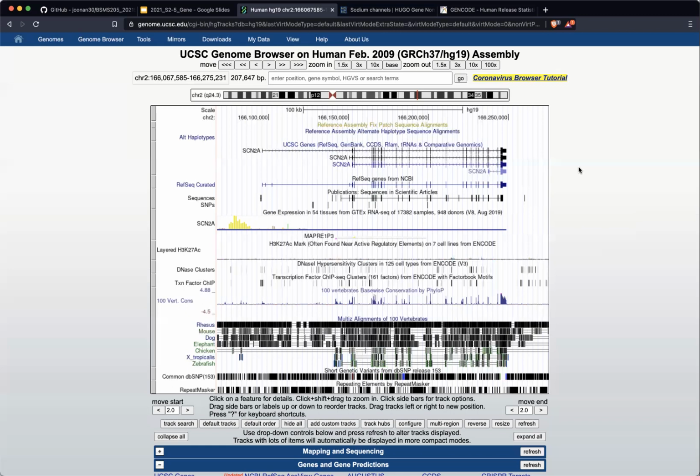Because SCN2A works in action potentials and synaptic signal transmission in your brain, but it also delivers signal transmission in your heart, because the brain and heart have signal systems in their organs, right? So different transcripts work in different situations, and different transcripts also work in different developmental contexts, right? So when you're young, you have different forms of SCN2A, and when you're an adult, you have different forms of SCN2A, right?